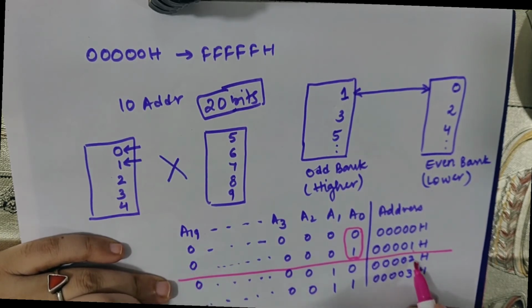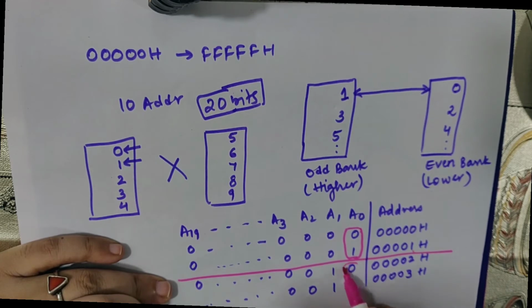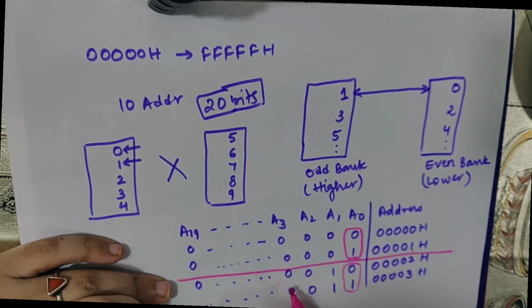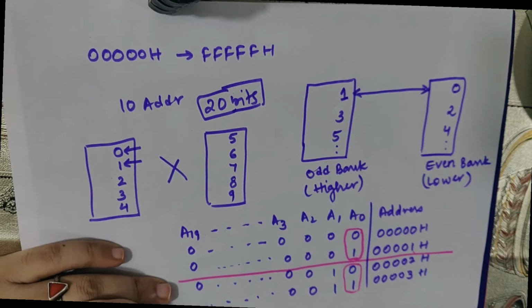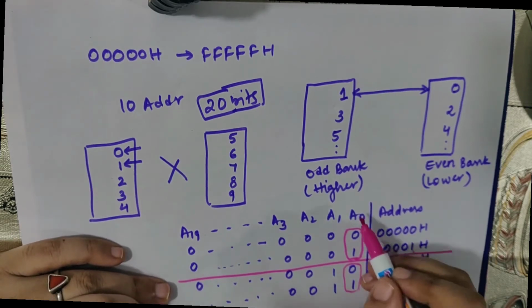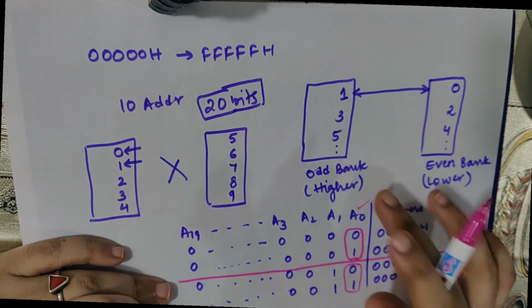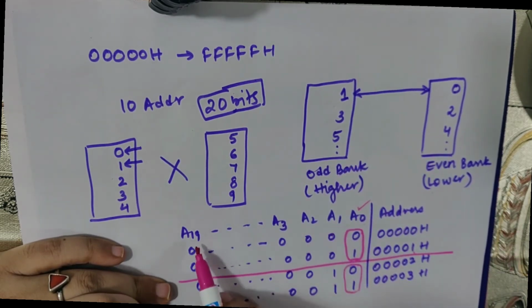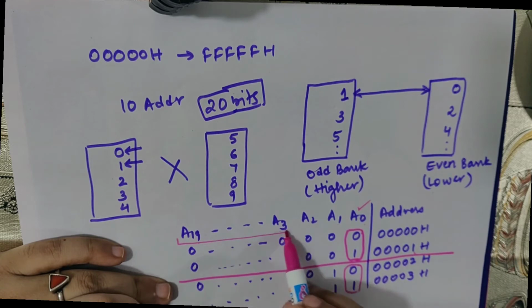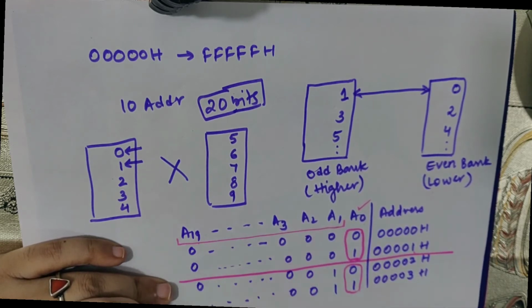If I see the next combination, 2 and 3, again the A0 bit is different, but A1, A2, A3, A4 and all the other bits are the same, and the same will happen in the next addresses also. So the A0 bit of the address can be used to decide which chip we want to select, and A1 to A19 will be used to give the address.